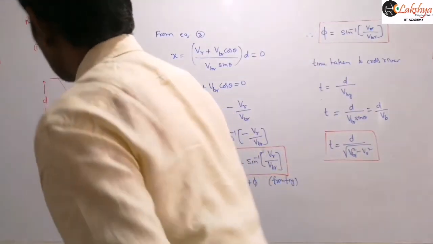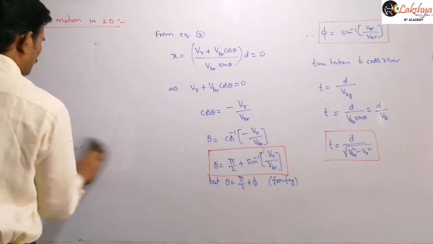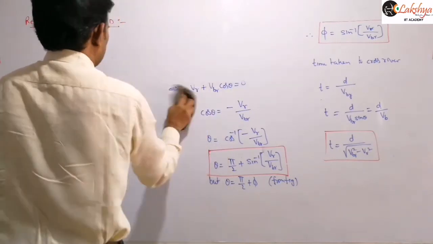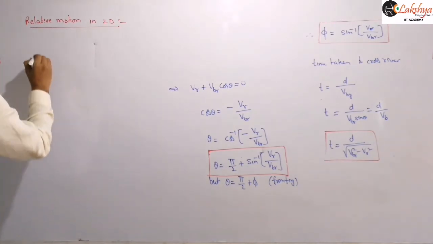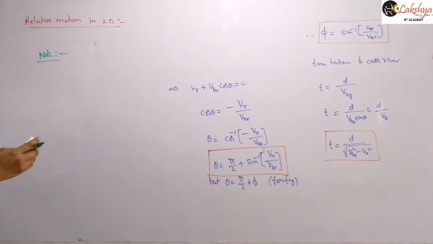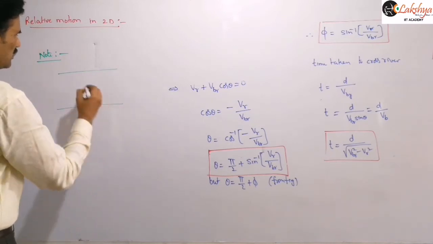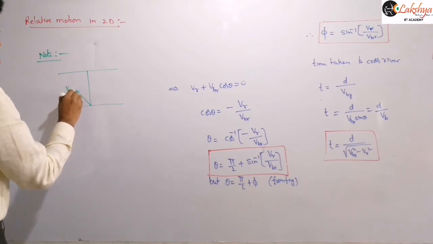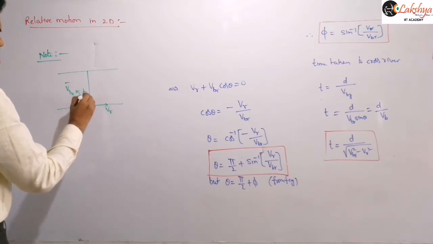Here, write a note based on this. To cross the river in the shortest possible path, suppose this is our VBR direction, this is our VR, and this angle we take as phi.